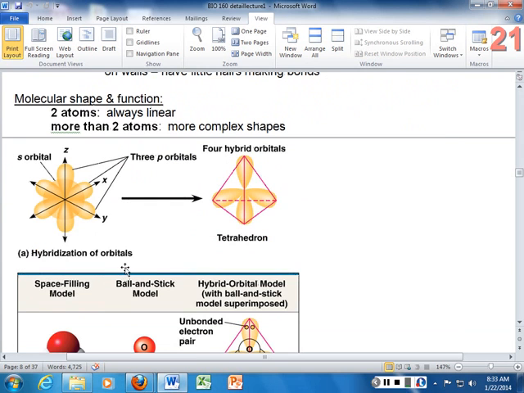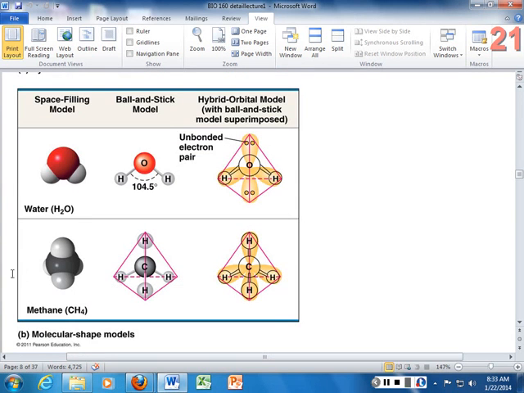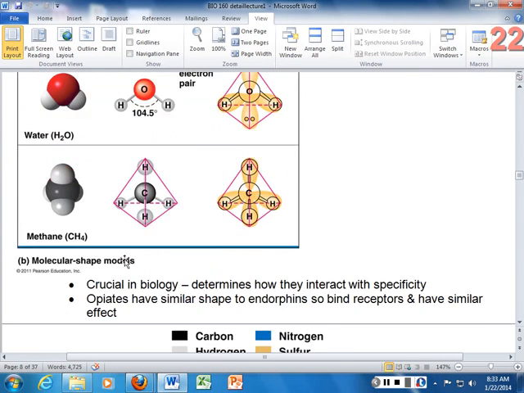So for the molecular shapes, when you have these number of bonds, you're always going to get a predictable atom shape. I'm not too worried about you learning this part. Just know that it is a predictable shape and that it's going to make your molecules three-dimensional.